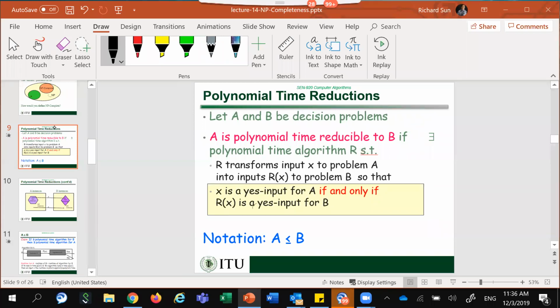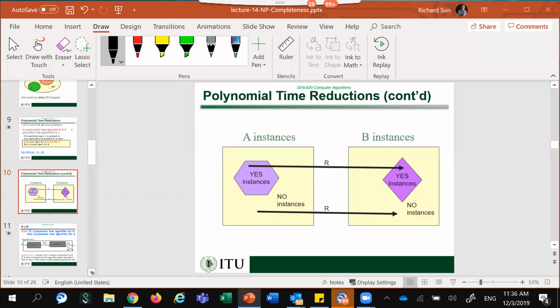And this is the notation: A is reducible to B in polynomial time.